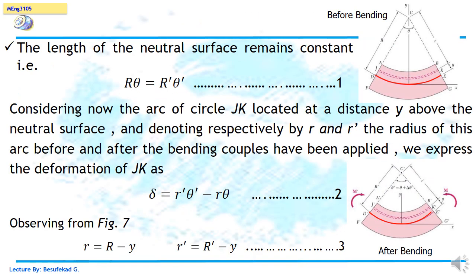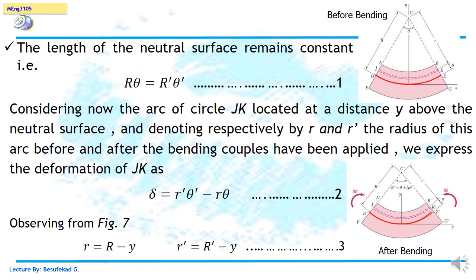Another thing to see is that if you consider any point, line, or surface which is y distance away from the neutral surface, then definitely there is going to be deformation on it, right? Initially, how much is the length of arc JK? That is small r multiplied by theta.